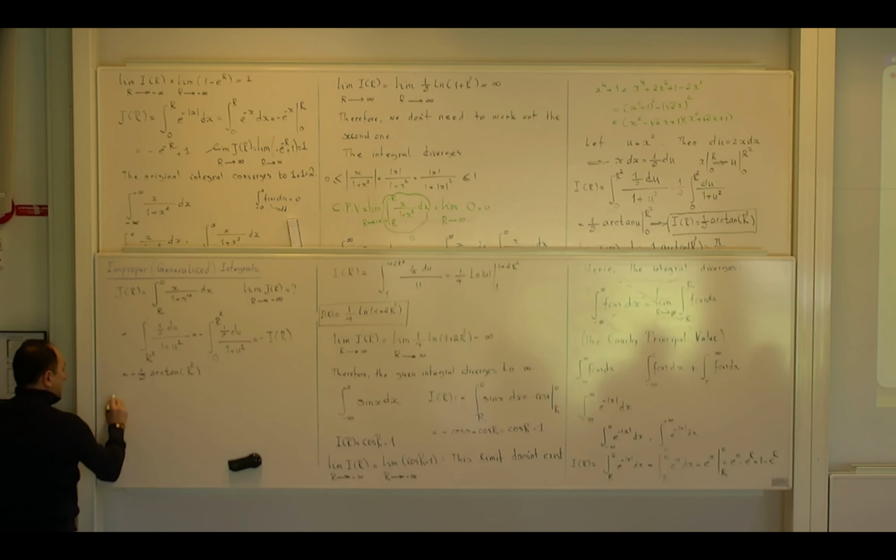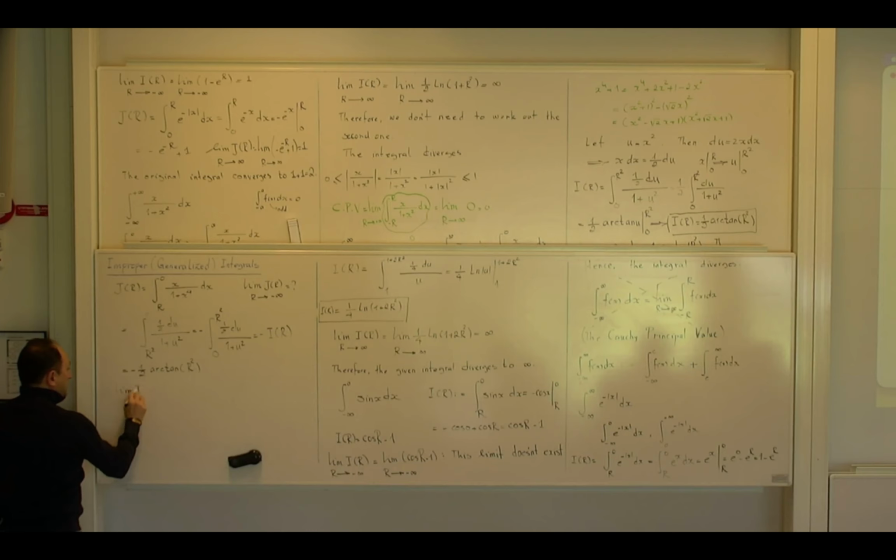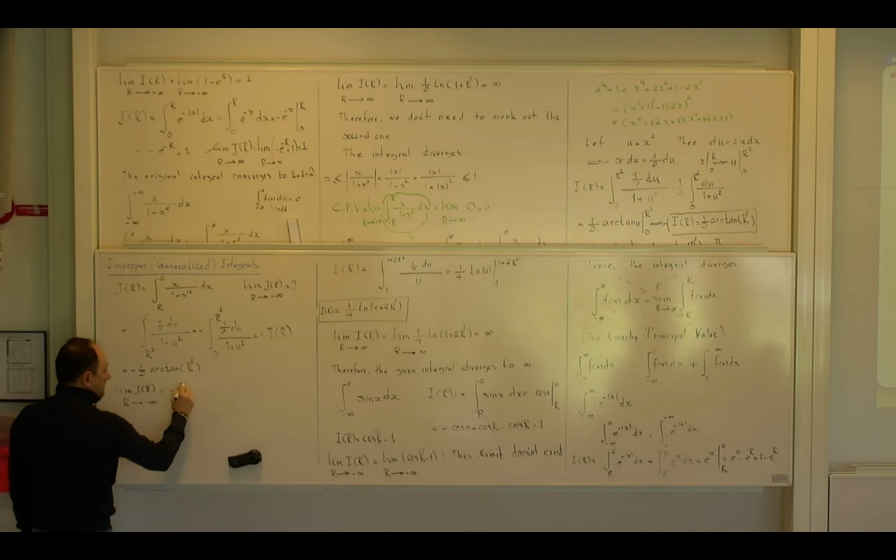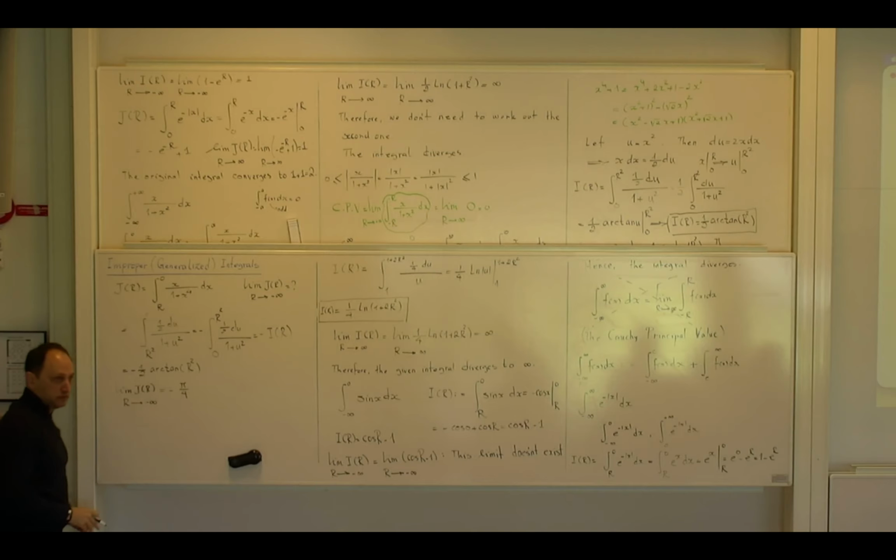So the limit of J of r, when r goes to minus infinity, what is the answer? This becomes positive infinity again. Arctangent of positive infinity is pi over 2. It becomes minus pi over 4 this time.